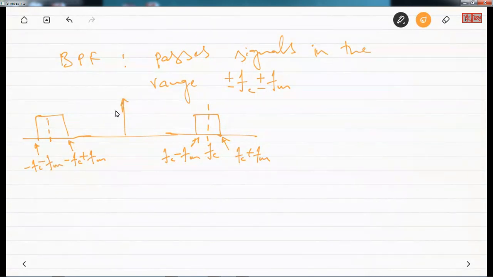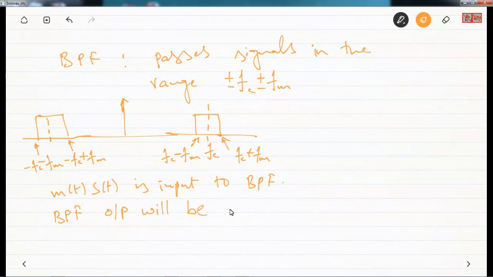So if now m of t s of t is the input to the BPF, so the BPF output will be m of t by 2 plus 2 by pi.